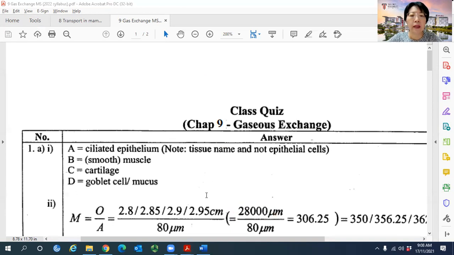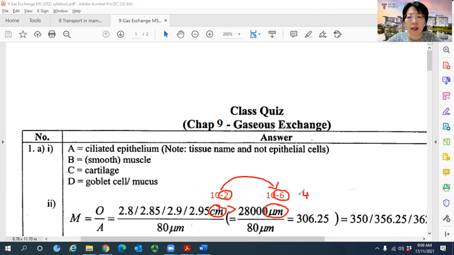So deci, centi is 10 power negative 2. So this one you must memorize, correct? And then milli, micro is 10 power negative 6. So when you convert centimeter to micrometer, centimeter is a bigger unit than the micrometer. So when you convert, you take the difference between these two. The difference between -6 and -2 is actually 4.